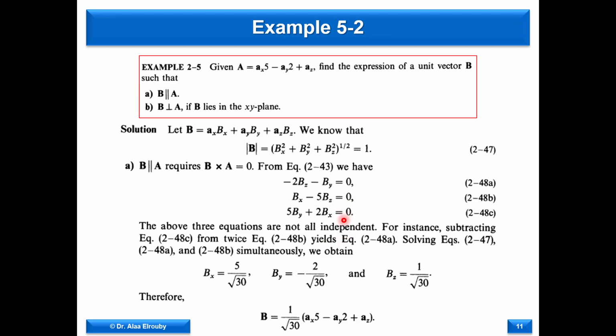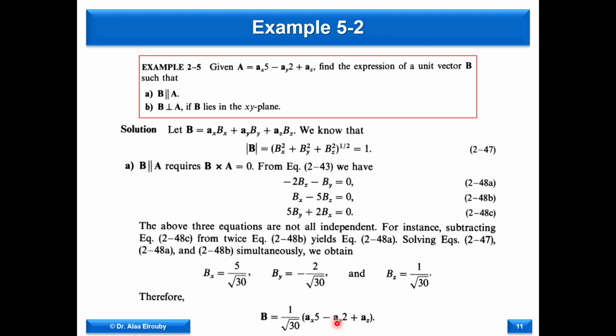Those are not fully independent equations. It's four equations in three variables, so we have more equations than variables, so they are not all independent. But anyway, just trying to solve this together, we will get the values for bx, by, and bz, and we can get the expression for b.